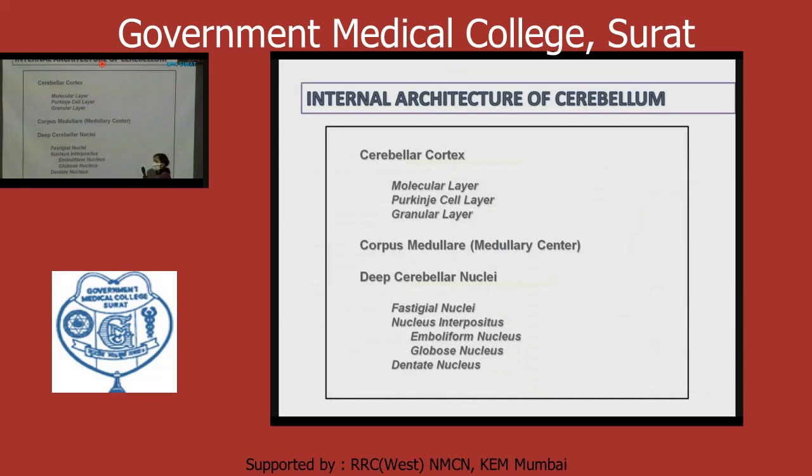If we go to the internal structure of the cerebellum, the cerebellar cortex has three layers: the molecular layer, the Purkinje cell layer, and the granular layer. Then there is the corpus, that is the medullary center, and in it there are four nuclei: the fastigial nucleus, then the nucleus interpositus, which is divided into the emboliform and globose nuclei, and the dentate nucleus.